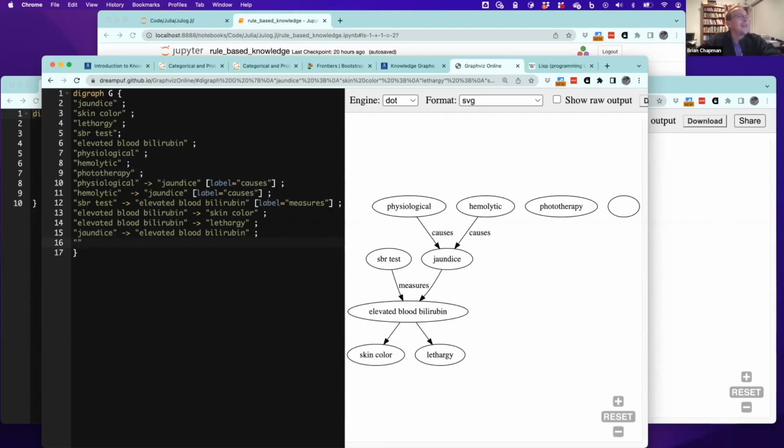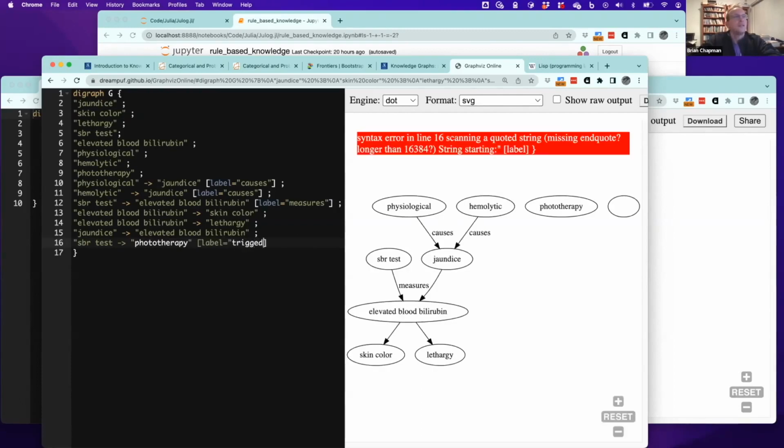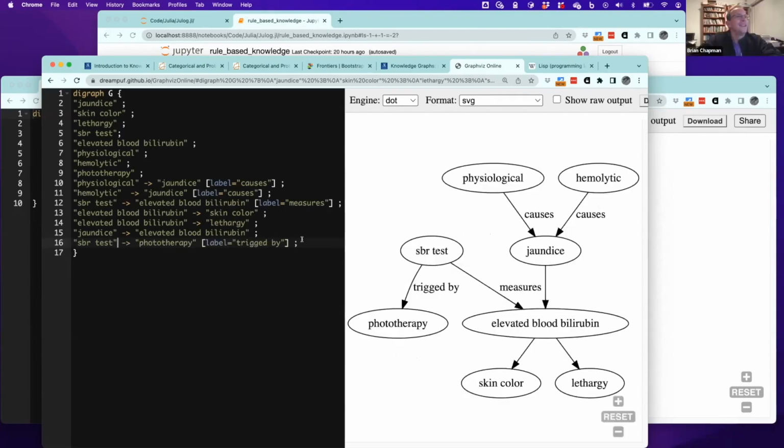So if I say SBR test, and then we have phototherapy, and if I say label equals triggered by, you're missing a quotation mark at the end of the SBR test. So isn't it nice? It tells me. Okay.